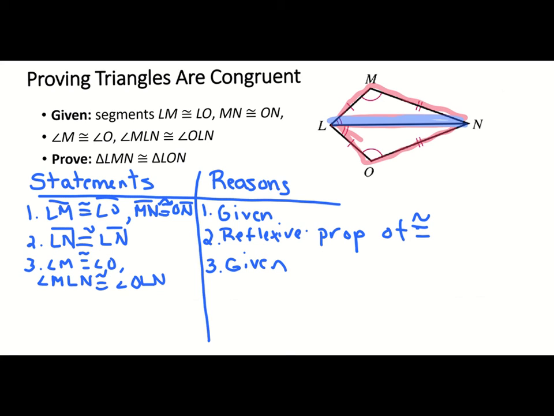Now, they gave me two pairs of angles that are congruent in two triangles. So therefore, think about the theorem we just learned about. If I know that M and O are congruent and angle MLN and OLN, which are right here, are congruent, that means that I know that our other angles, angle MNL, let me put it on here so you can see it.